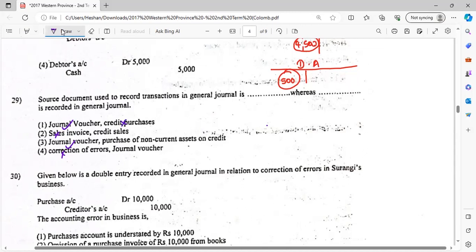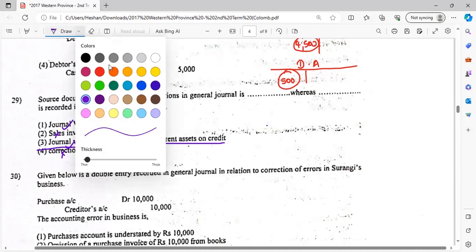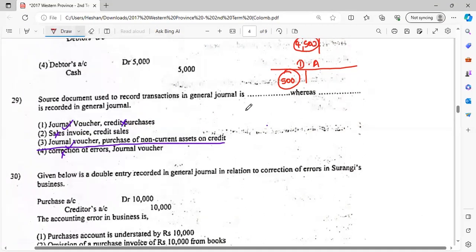What is the transaction we record in the general journal out of these answers? Purchase of non-current assets on credit basis. Other than this one, can you tell me what other transactions we record in the general journal? Non-current assets credit basis.